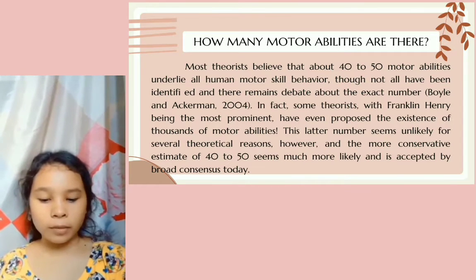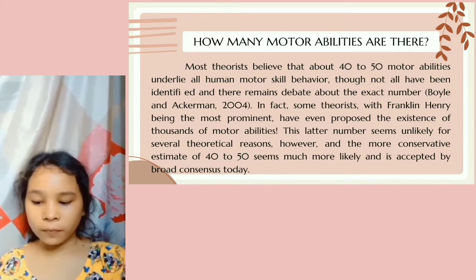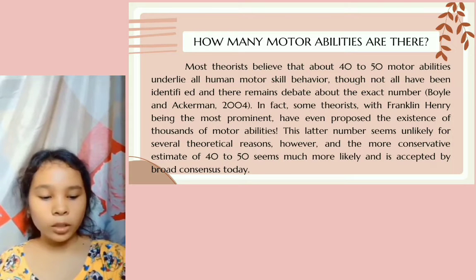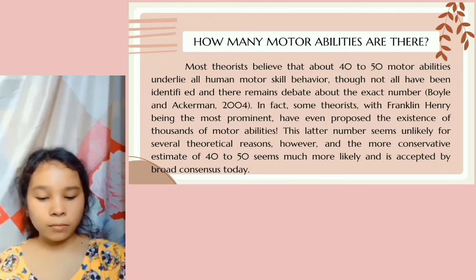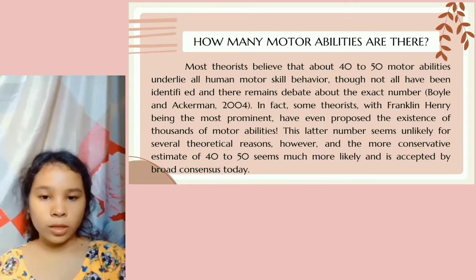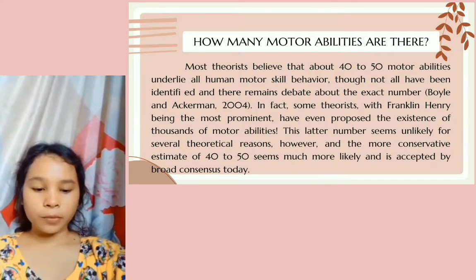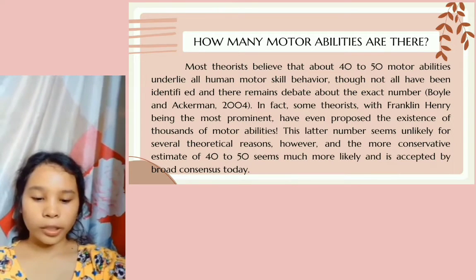This latter number seems unlikely for several theoretical reasons. However, the more conservative estimate of 40 to 50 seems much more likely and is accepted by broad consensus today. So, 40 to 50 motor abilities are believed to exist, but not all have been identified, according to Boyle and Ackerman 2004.